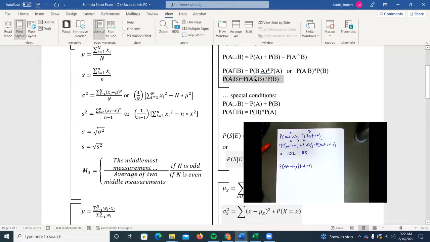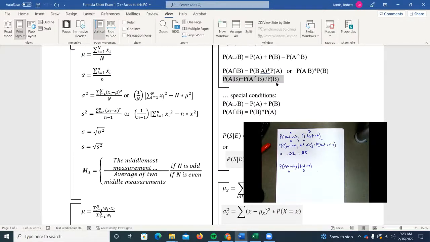I can rewrite that as the intersection divided by what I'm conditioning on, right? I'm just rearranging that multiplication rule equation. Now, if I write this out, I'll realize pretty quickly, if this is my event A, this is my event B, the probability that the test comes back positive, I wasn't given anything remotely close to that, right? I was given some conditional probabilities. I was told the probability of the states of nature.